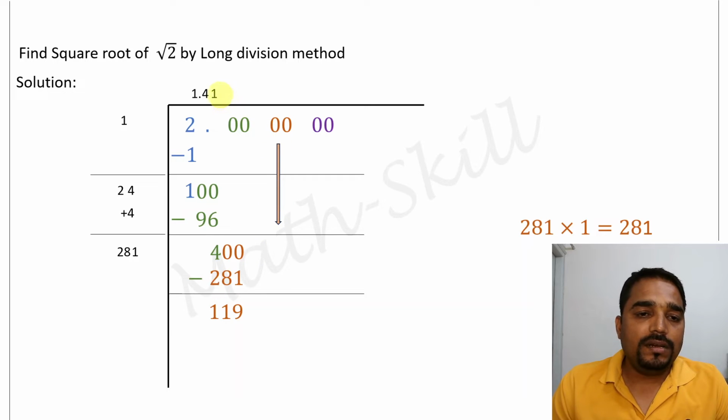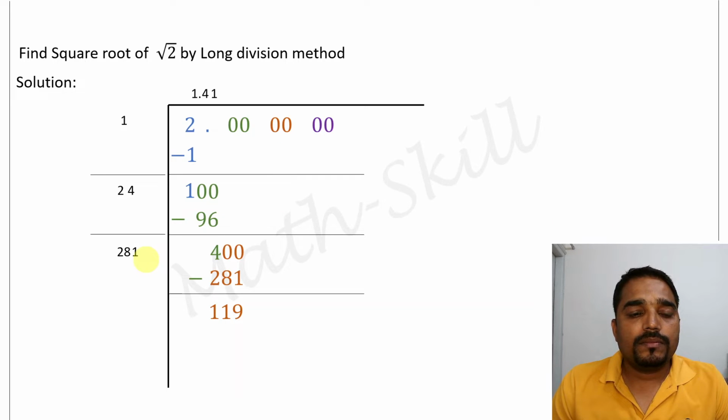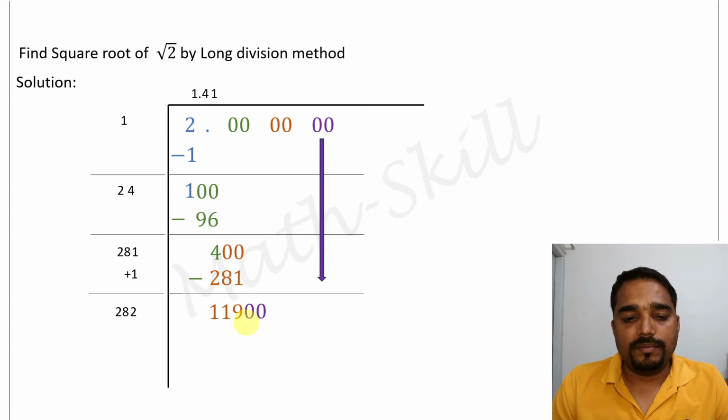Before proceeding further, let us add the number 1 to 281 to make it 282. Now to proceed further, let us take the next pair of zeros down. Upon taking the next pair of zeros down, it would become 11,900.